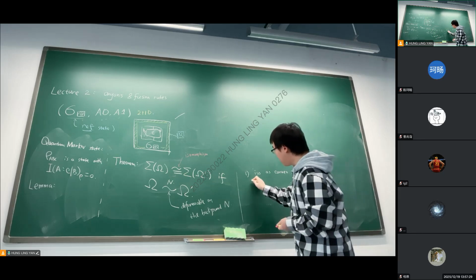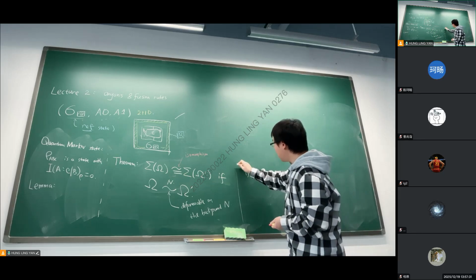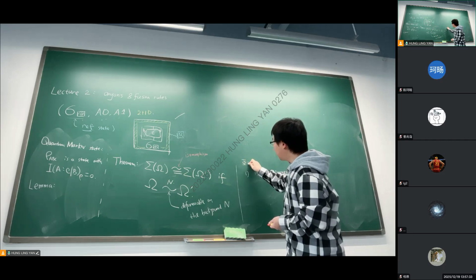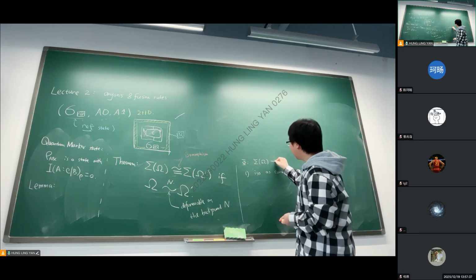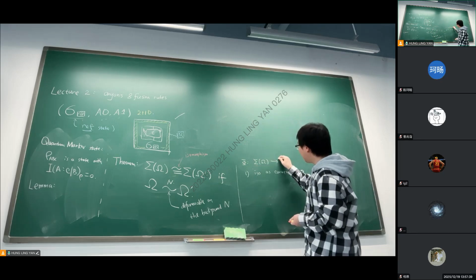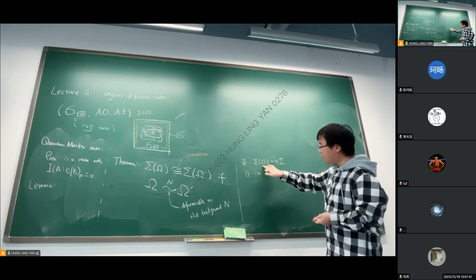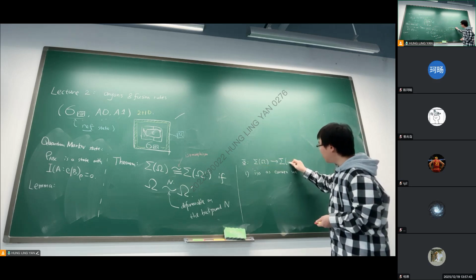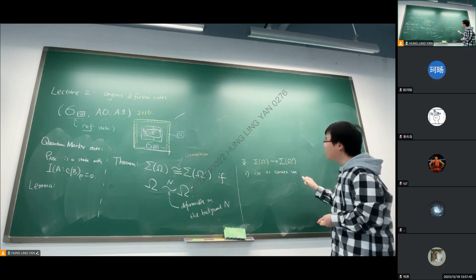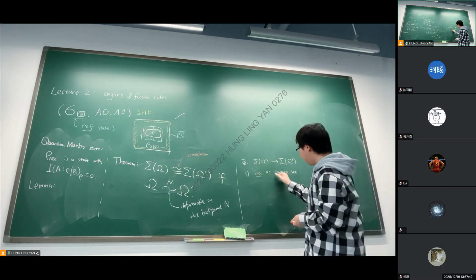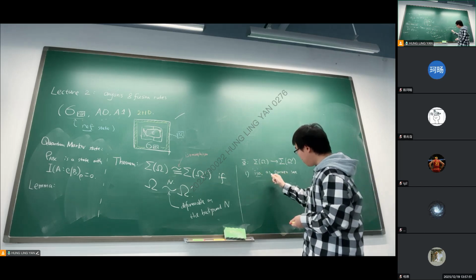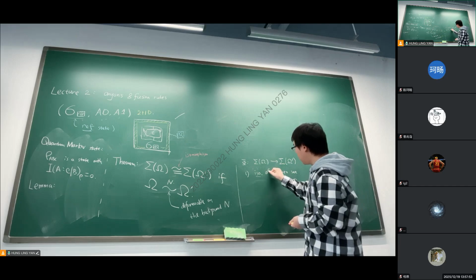Suppose phi is the map from sigma omega, the information convex set on region omega, to the information convex set on the region omega prime. Then, first of all, this is an isomorphism of the convex set.